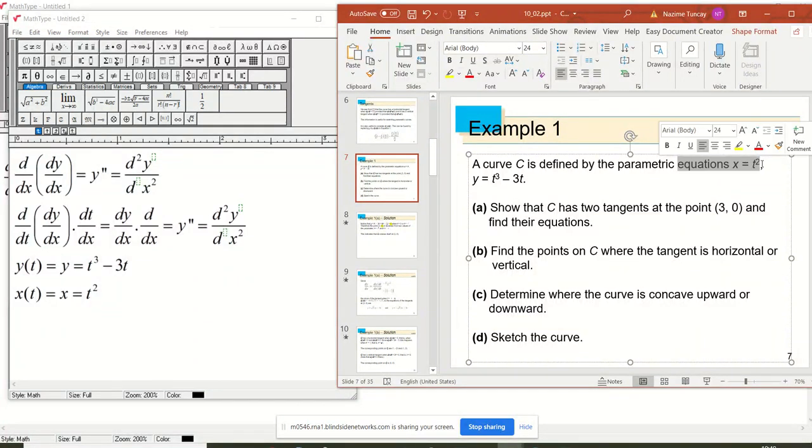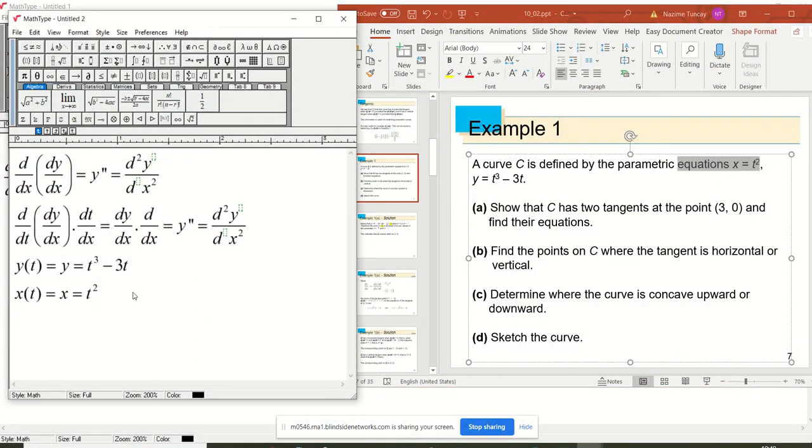This function is about x-axis. So I can write it like this. Okay, x-axis, and this is y-axis.